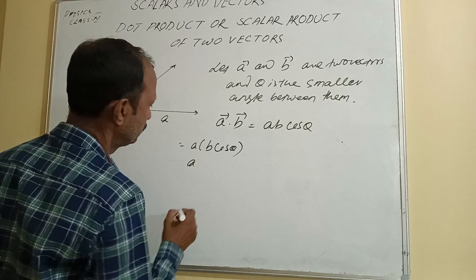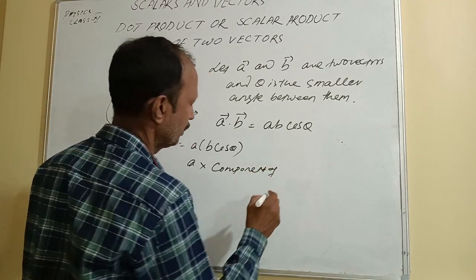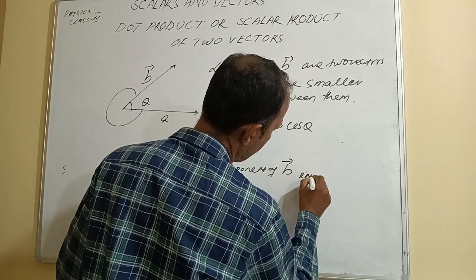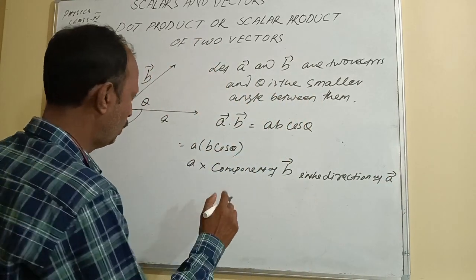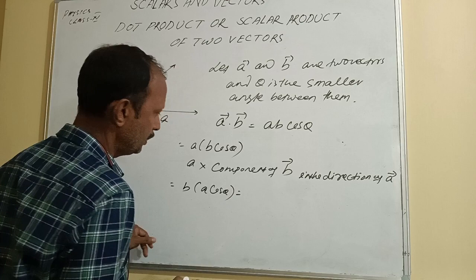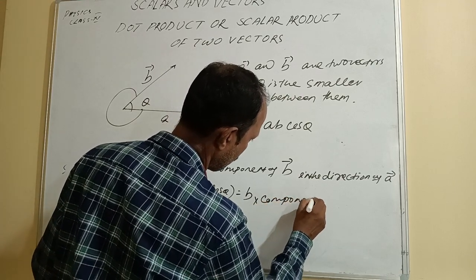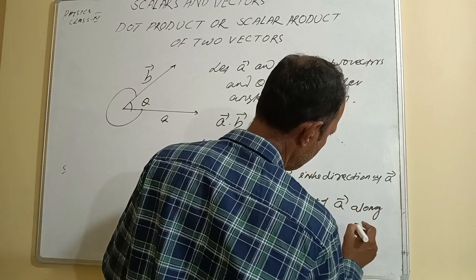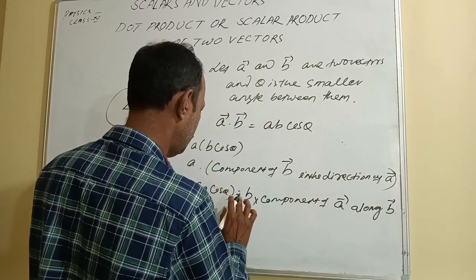That means A into the component of vector B in the direction of A. Otherwise, I can write this is B into A cos theta, or this is B into the component of vector A along B. So you can write it this way.